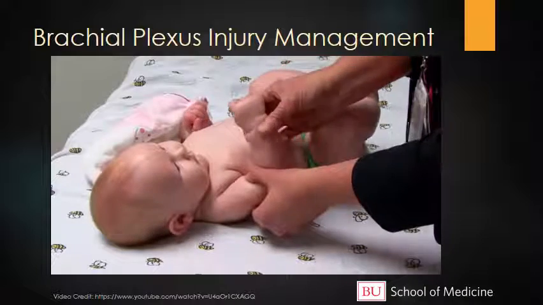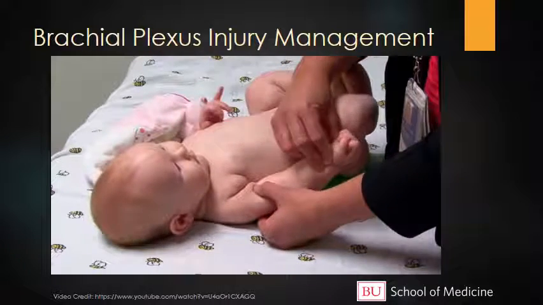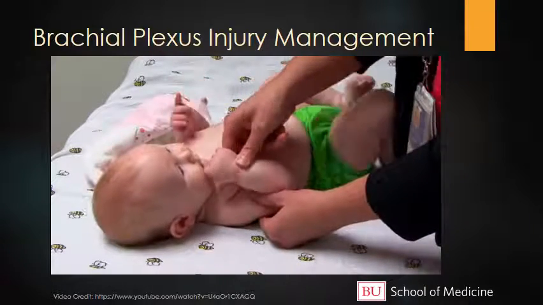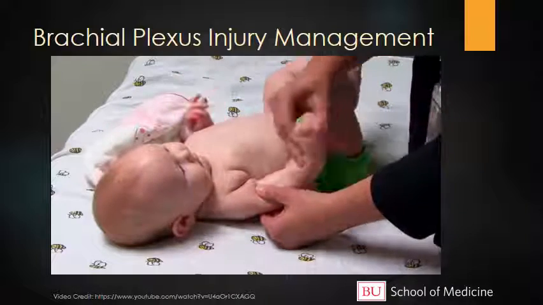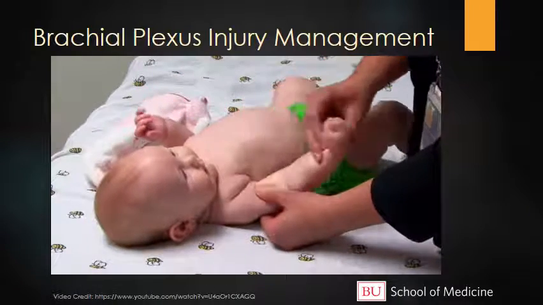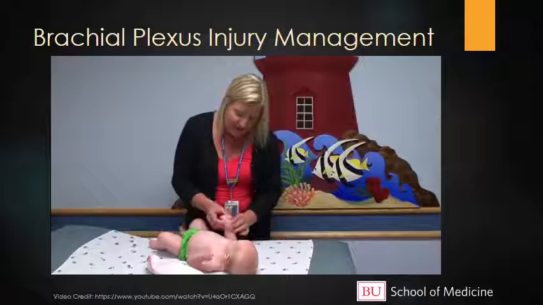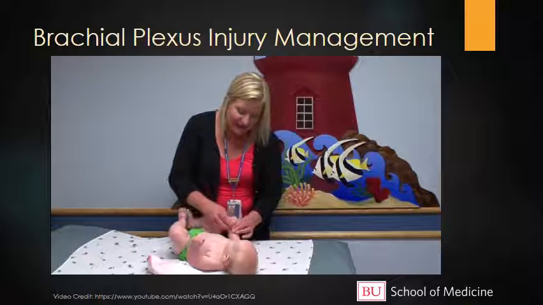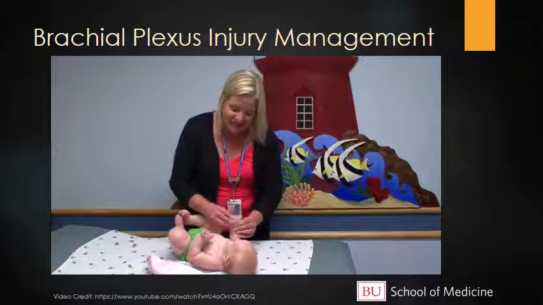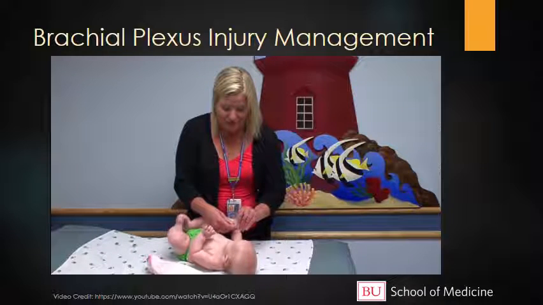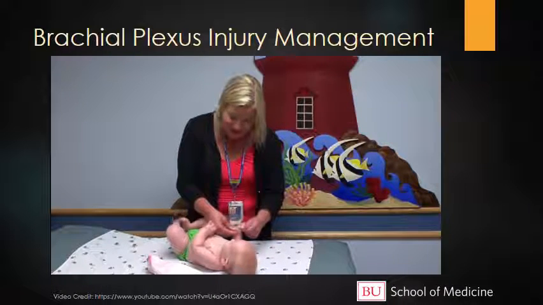This is followed by stretches of the elbow, flexion and extension with the forearm supinated, the palm facing upward. And finally, we end the stretching exercises with flexion and extension of the wrist and hands.